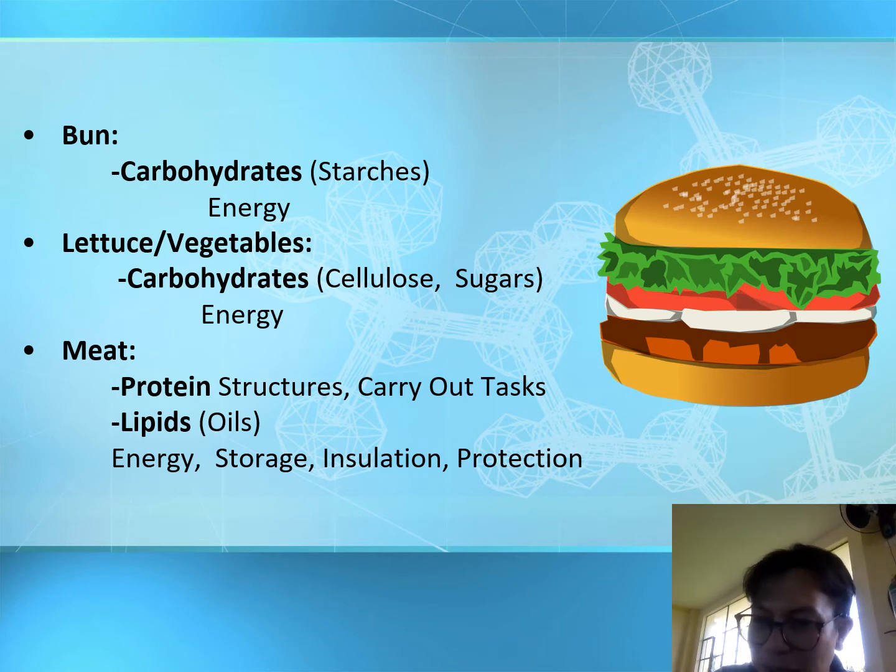And my favorite part, the meat, contains protein, which performs functions such as structure, and also carries out different tasks inside your body. And another one is lipids, actually the oil, and they are a very good source of energy, storage, insulation, and protection.